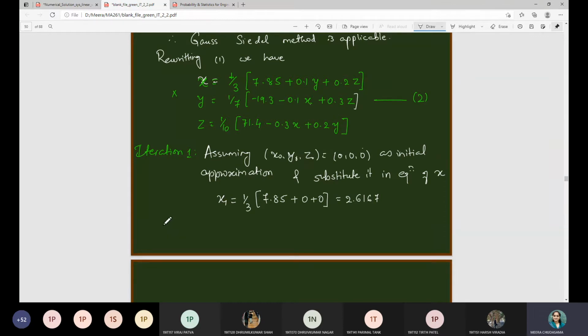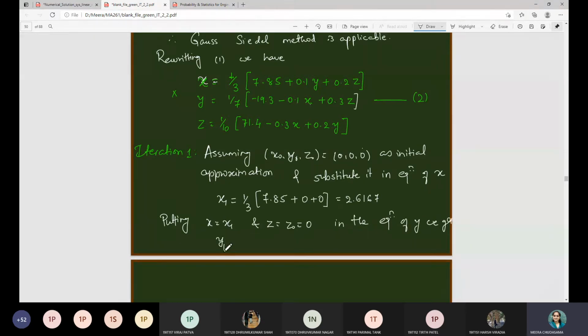So we can write putting x is equal to x1 and z is equal to z0, which is equal to 0 in the equation of y, we get, तो क्या मिलेगा?